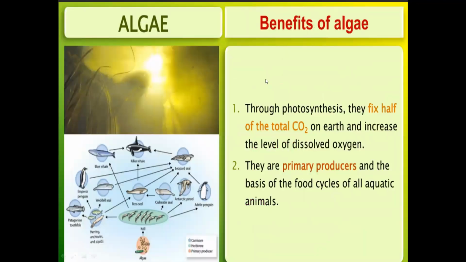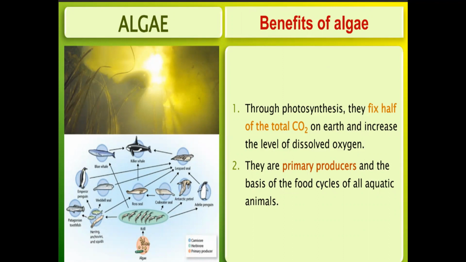Next we have benefits of algae. Through photosynthesis, they fix half of the total carbon dioxide on the earth and increase the level of dissolved oxygen. What do you mean by fix? Like pollution, they will try to maintain the pollution.